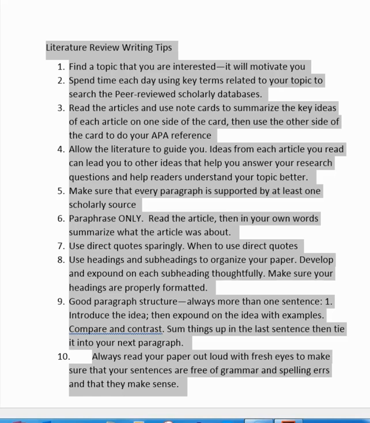You're the one writing the paper. Write down the ideas in a way that flows, compares and contrasts, and supports your thesis statement and hypothesis. When you're doing that, you're showing that these are ideas that are supported by other smart people.